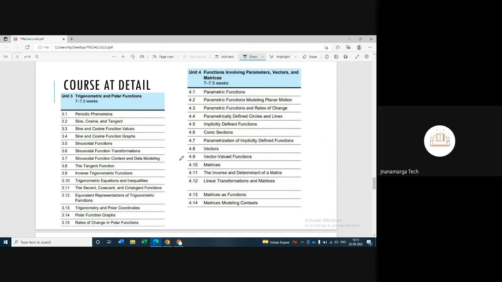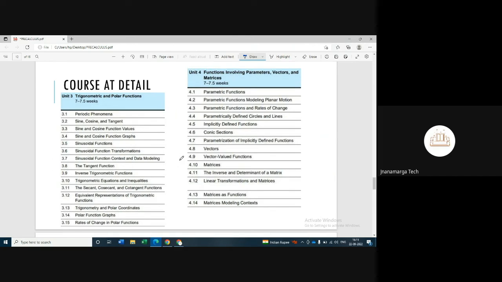As the input value increases, the output value demonstrates a repeating pattern over successive equal length intervals. So what we are doing here is basically constructing graphs of periodic relationships based on verbal representations. Then we are going to describe the key characteristics of a periodic function based on a verbal representation.